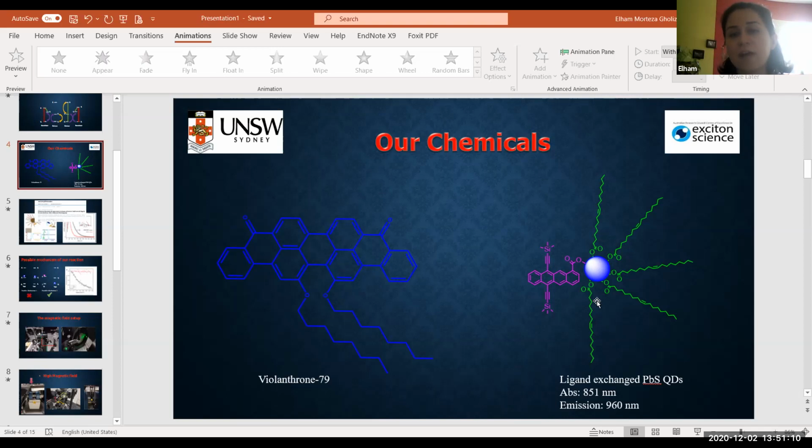So in the next step, we have a plan to do ligand exchange on those quantum dots to make it easier, and we are hoping to improve the efficiency. Also, we think that when we do these things in a solid phase, it will give us better results than in a solution, because what I mentioned was in solution, not in solid, but it is already low.